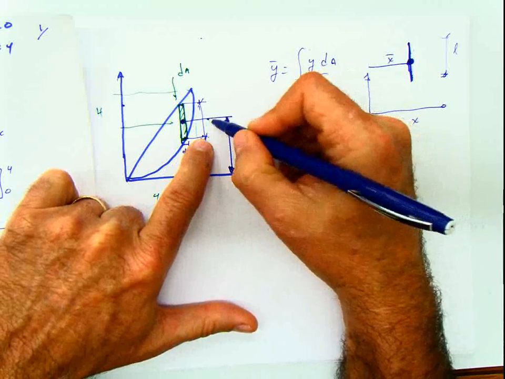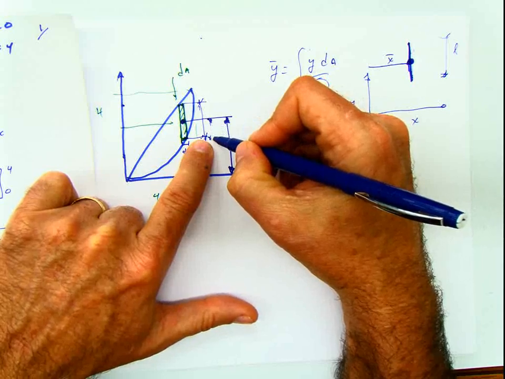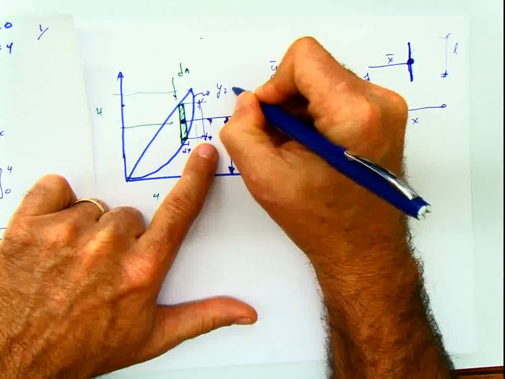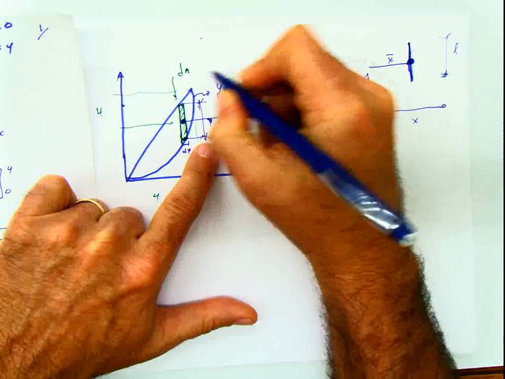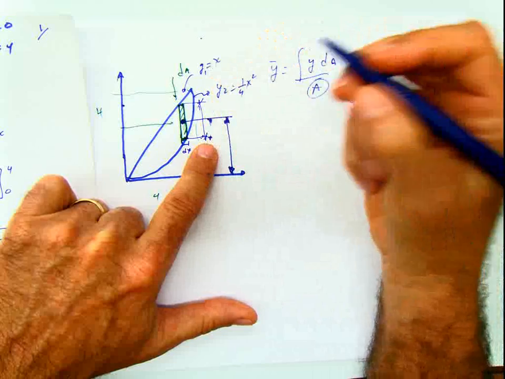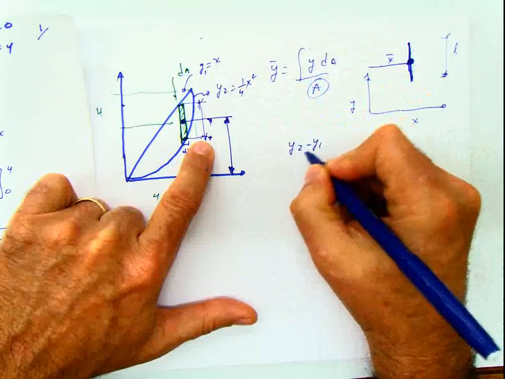First, this distance here, from here to here, is, remember, we call this equation y2 equal 1/4 of x squared, and this equation is y1 equal x. That's what we did before. So this distance is y2 minus y1.